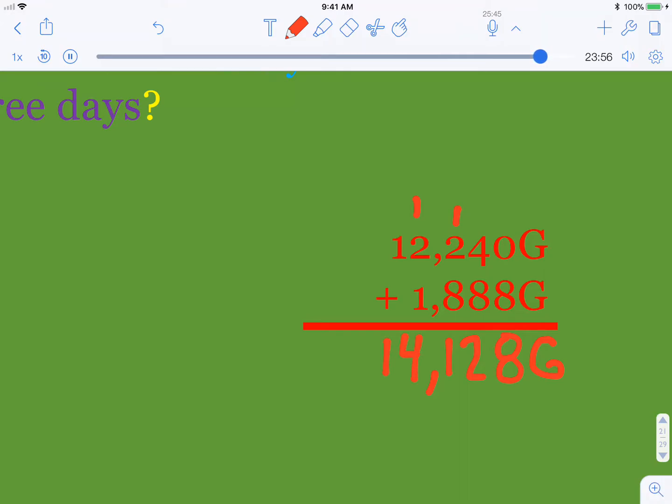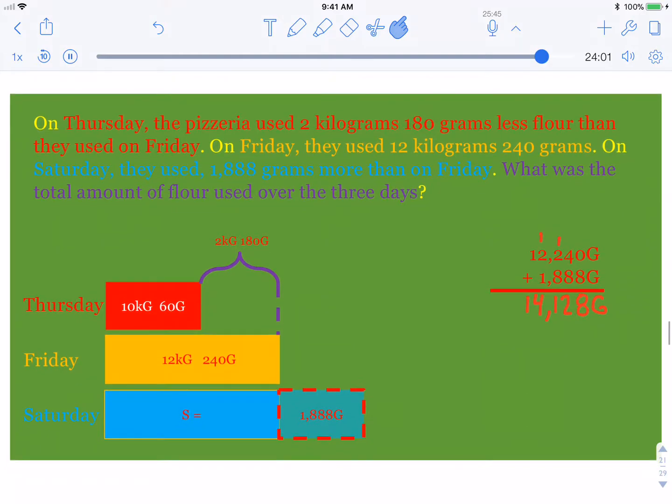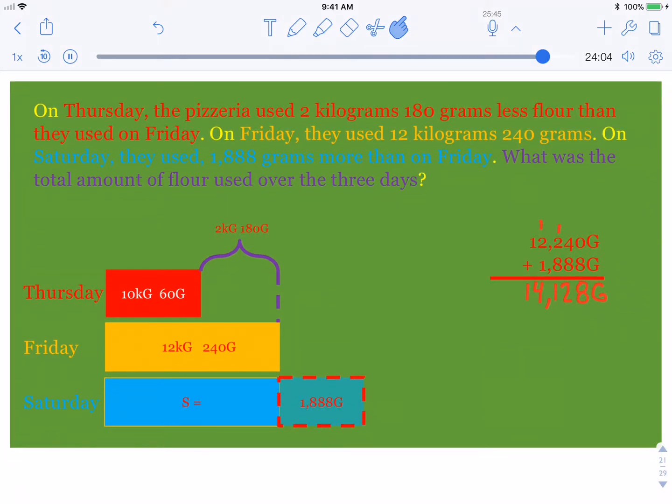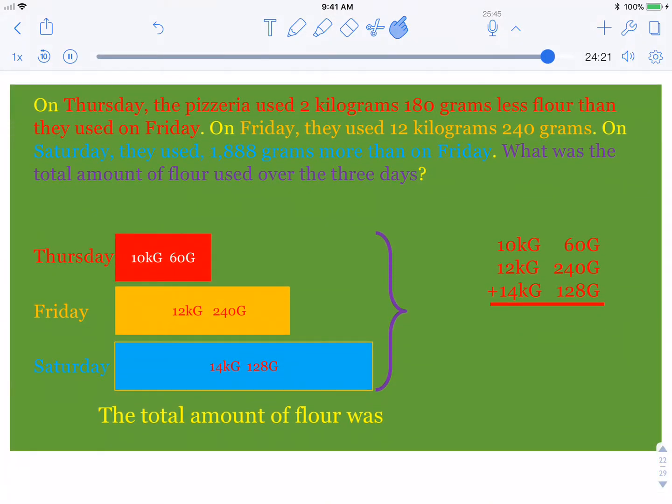So, on Saturday, they used 14,128 grams of flour. Now, I could take that and convert it to kilograms and grams. And if I did that, I would end up with 14 kilograms and 128 grams.